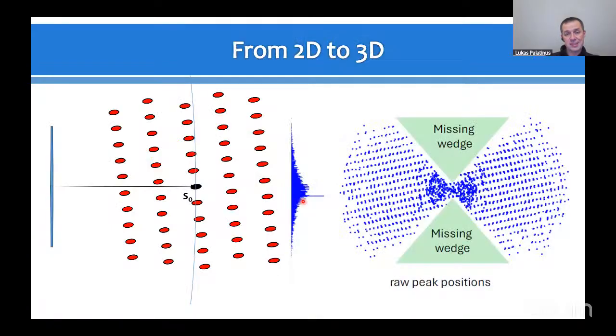So once the tilt axis is known, we can reconstruct the three-dimensional reciprocal space from the two-dimensional positions, because each diffraction pattern can be understood as a two-dimensional section through the three-dimensional reciprocal space. And because we know the position angle of the crystal for every diffraction pattern, we can combine all these diffraction patterns into a three-dimensional picture that you see. One view of that three-dimensional distribution you can see here on the right side.